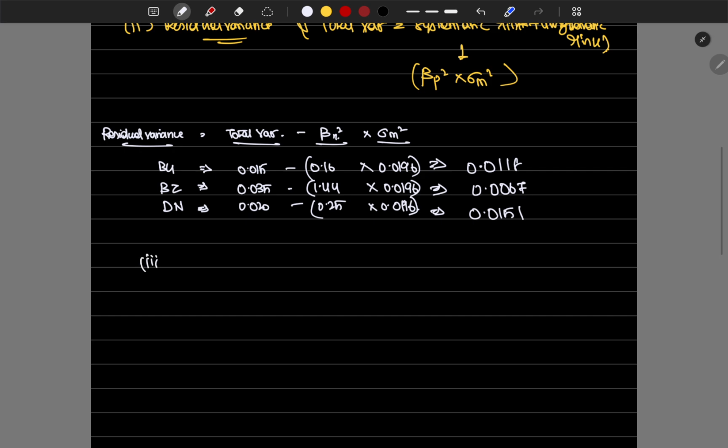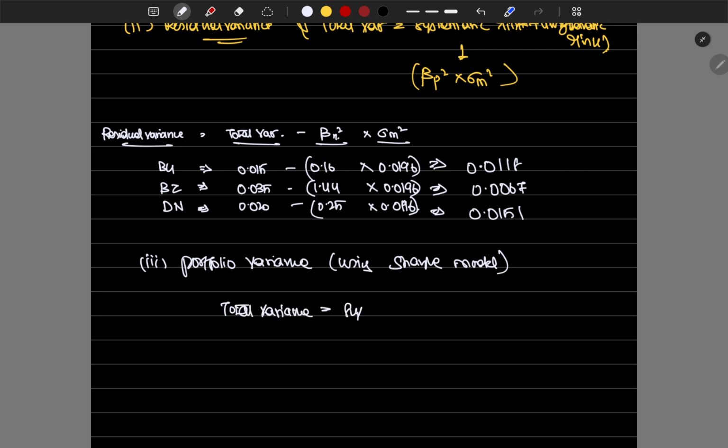The third one is portfolio variance using the Sharpe model. What Sharpe is telling is that total variance is equal to systematic variance plus unsystematic variance.